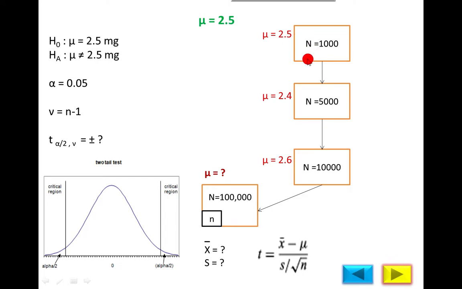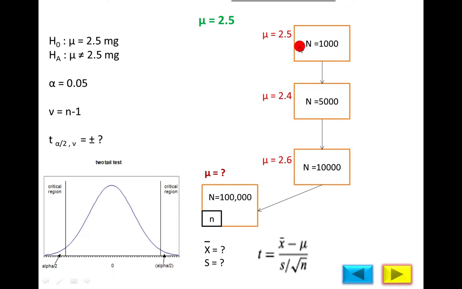The weight of the second tablet is 2.4, the third is 2.3, the next is 2.6, the next is 2.5, and so on.